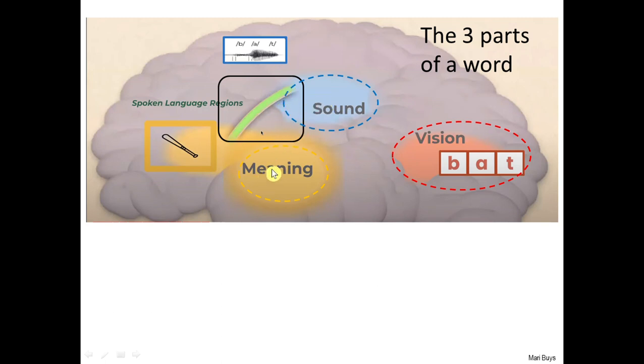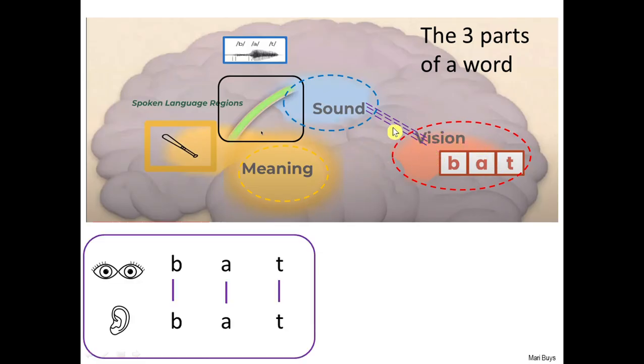Now, any child is born with connections in the brain between the sound the word makes and the meaning. So that is why children learn a language when they are small. They can learn new words and they acquire a home language. But the brain does not have the connections between the sound of the word and the letters, what you see.